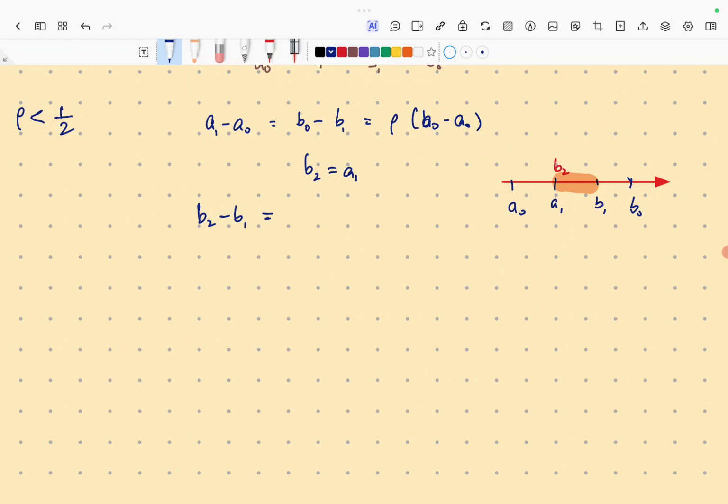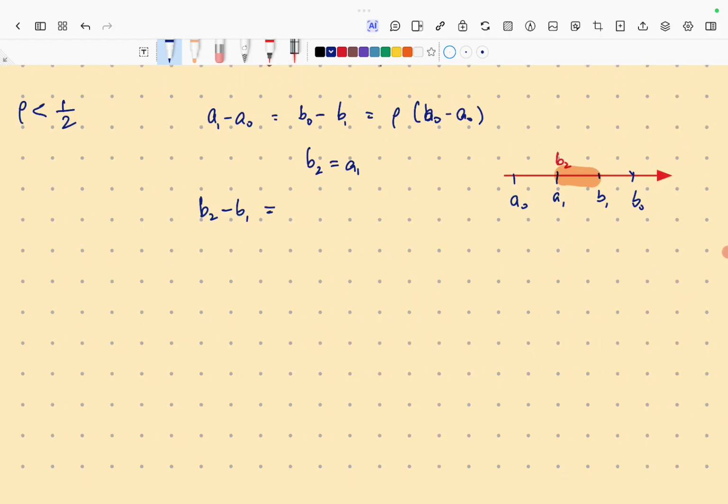What can I say about B2 minus B1 in terms of, say, B1 minus A1? Let's go step by step. Very basic: rho times B1 minus A1.